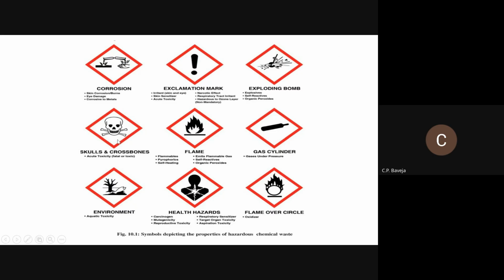This chemical may produce acute toxicity, and it may be fatal or toxic. Then environment, aquatic toxicity: if this chemical goes into the environment, like into water, it may be toxic to fishes and other aquatic animals.